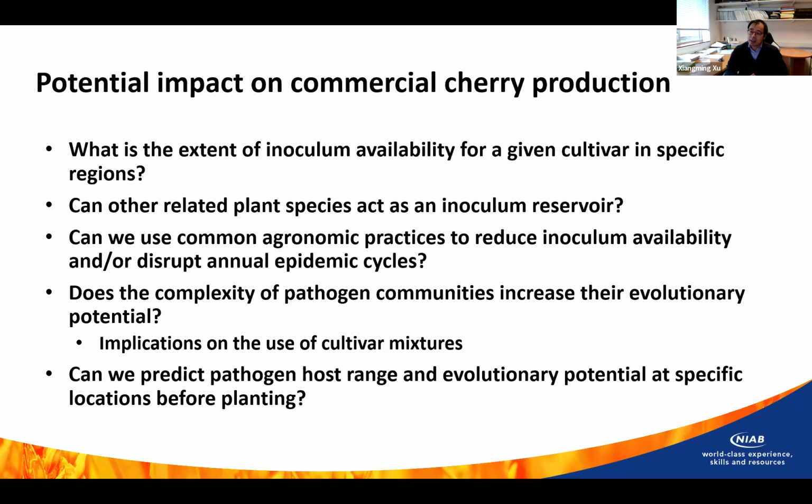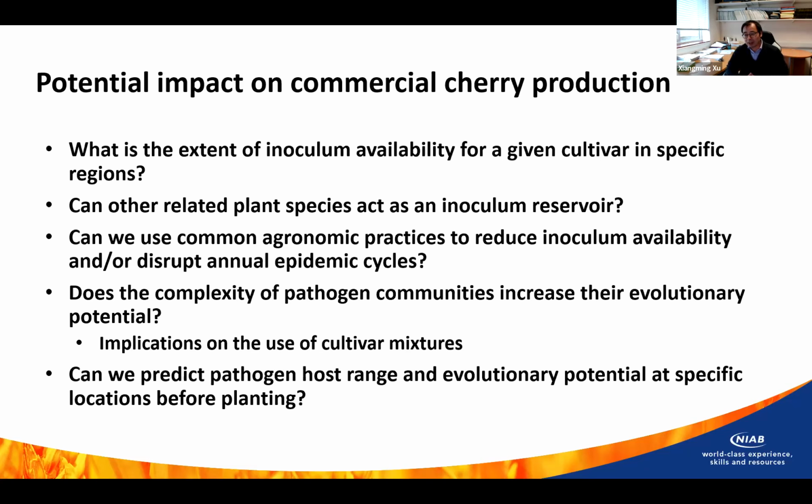First, when you plant cherry in a particular region, the question is always, what is the inoculum availability in relation to the environment and the woodland species available at that site or region? Next, can you use common agronomic practice to reduce the inoculum availability, or even to disrupt the evolution or annual cycle of the cherry canker pathogens?